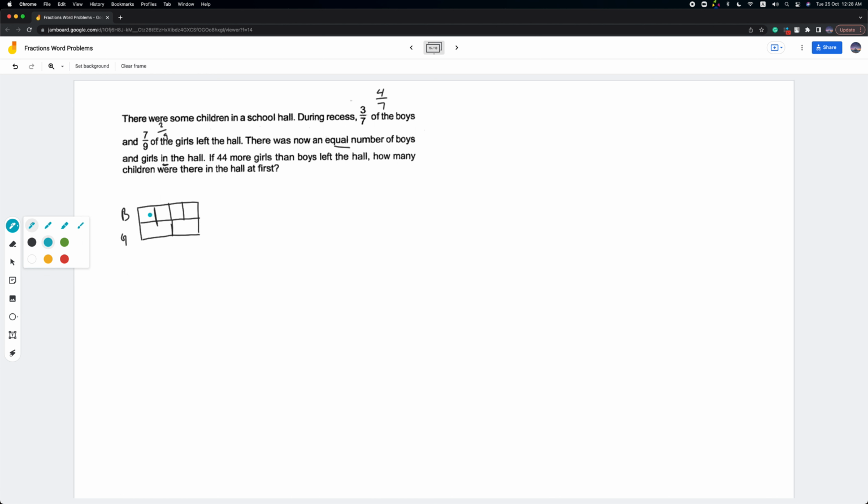You can see now there's 4 units of boys. You can write 4 here. 2 units of girls. You write 2 here. After that, you don't forget to complete the model because there's altogether 7 units of boys and 9 units of girls.